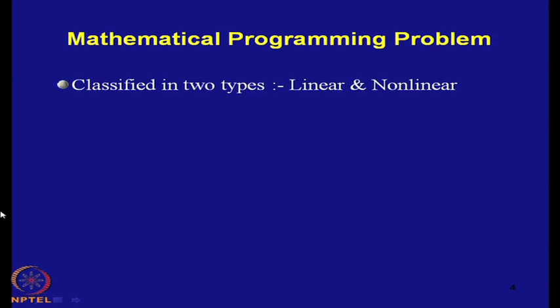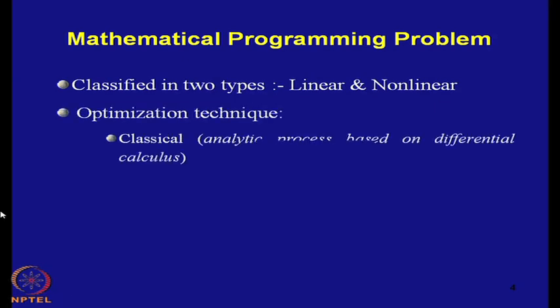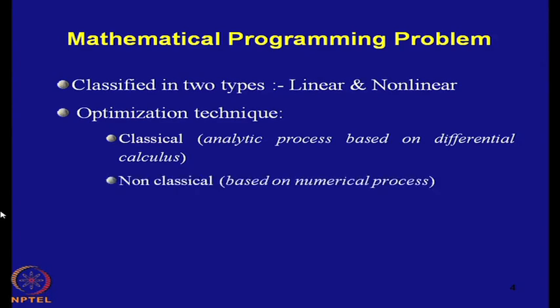Now, we are talking about the nonlinear programming problem, where the functions involved, the objective function as well as the constraints, are nonlinear in nature, and here we are dealing with the nonlinear programming problem specifically. Now, the optimization techniques for solving the nonlinear programming problem can also be categorized into two types.